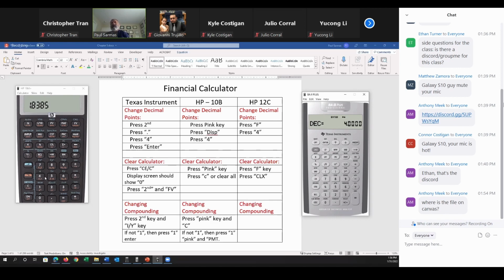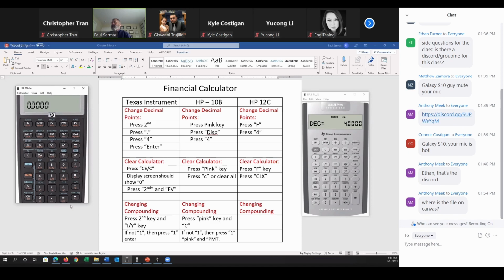Now let's go to the HP 10B. Clearing the calculator is easy. You press the broken arrow, the orange or pink key, whatever color it is, and you press C. Pink key, broken arrow, C, or clear all. That will clear your calculator. So it's easier with the 10B than with the Texas Instruments.